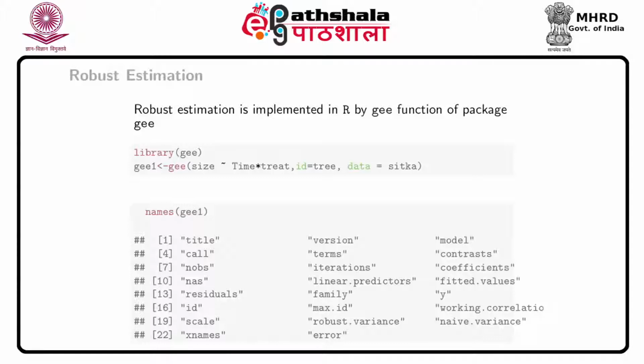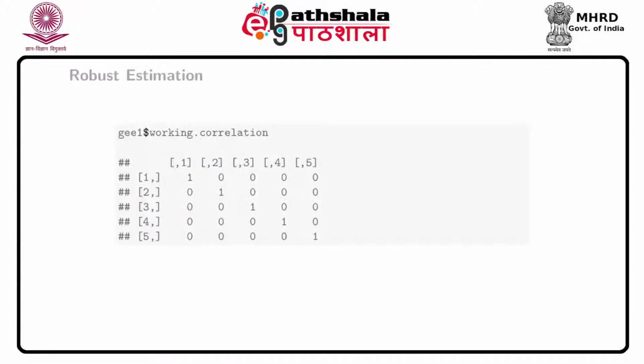It produces a lot of things: title, version, models, call, but the important things are coefficients and working correlations, and we would be extensively using gee for marginal models, and we would see how we can use that.